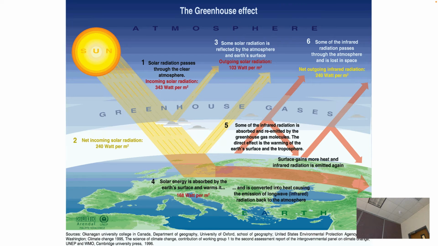Or it can be, once it's absorbed, emitted as infrared radiation. And some of that gets reflected back. And that infrared radiation reflection depends on the layer of greenhouse gases in the atmosphere. And the most common of those greenhouse gases is carbon dioxide.